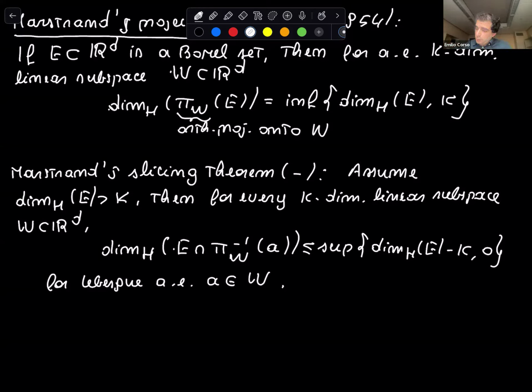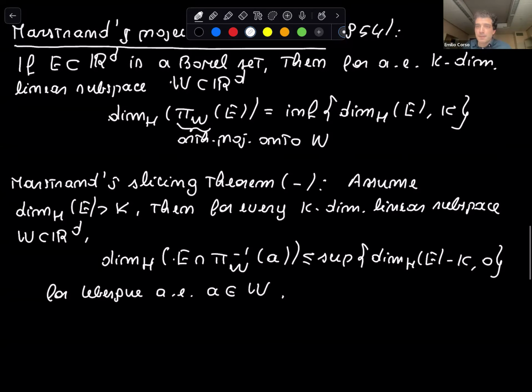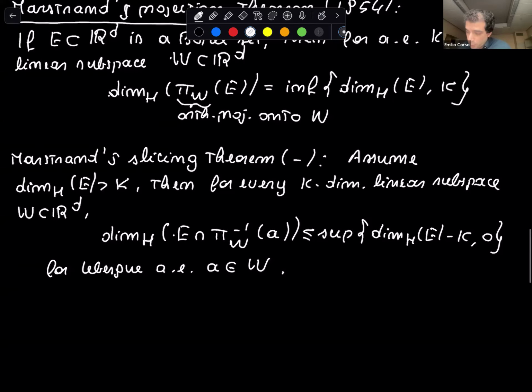And the result I'm going to shortly phrase fits into this program of research, because for E being the product of invariant sets and the transversal toral endomorphisms, we're able to upgrade this to really every subspace, provided that one rules out the obvious exceptions. So let's go back now.